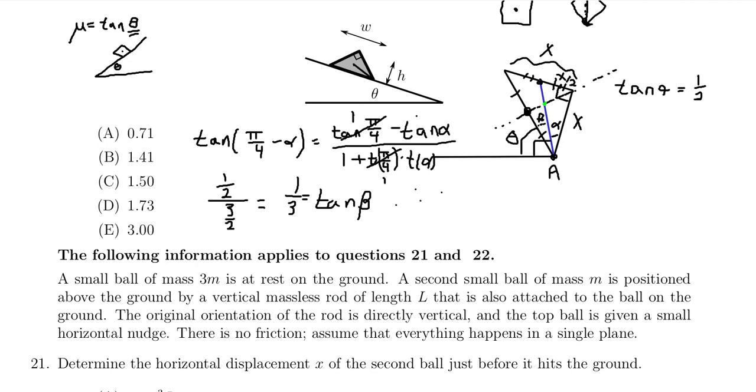If you don't believe that, just try plugging 90 minus theta into tangent of theta, and you'll see that it is 1 over tangent of theta. So tangent of theta is equal to 3, 1 over 1/3. And that's the answer. This is the minimum coefficient of static friction that we need.